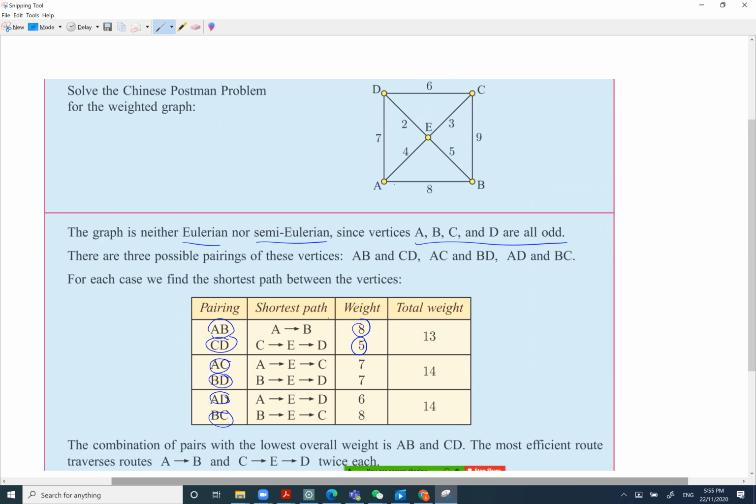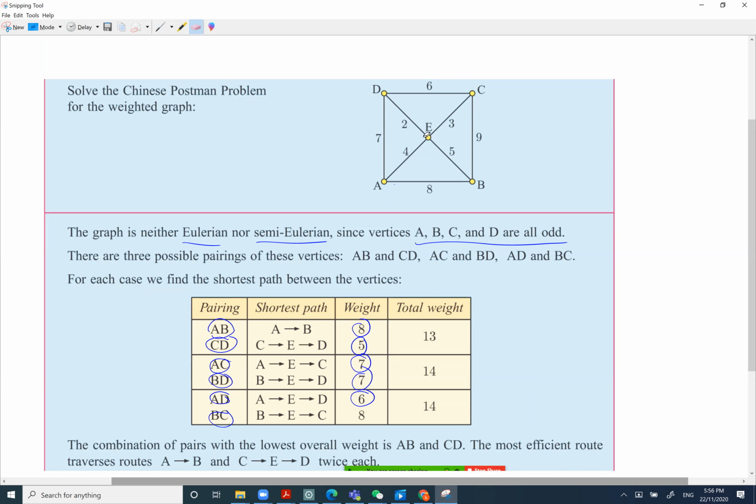A to C. You have so many ways, but the shortest is 7. B to D, again 7. A to D could be 7, could be 6. The shorter one, 6. B to C, 8. So that's the first step.